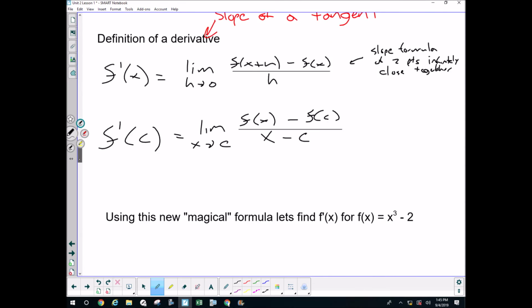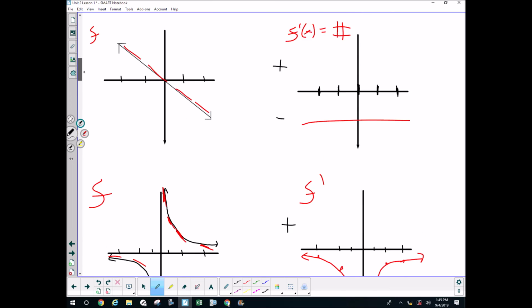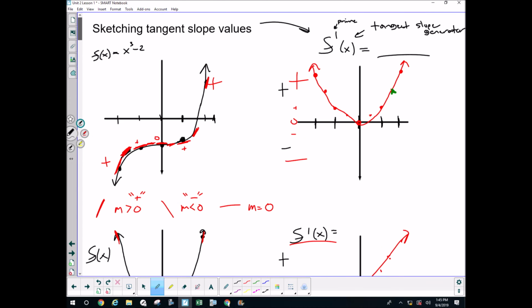Now, we're going to go back to our friend x cubed minus 2, and I will show you a different way to get that the slope of the tangent at 2 is 12, and the slope of the tangent at 1 is 3, which we found using our calculator.